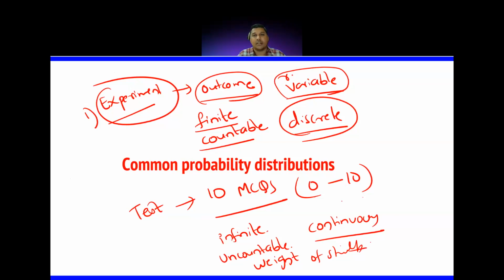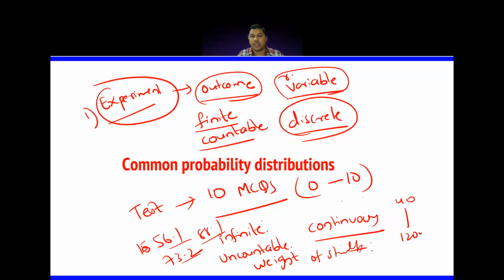In this case, weight is not finite. Weight can be anything. Maybe it is from 40 to 120, 130, we do not know. And in that we have so many, somebody is 50, 56.1, 73.2, 88.1. We have n number of values. We cannot count how many values are there. So the experiments which give such outcomes, and if such outcomes are stored in a random variable, we call that random variable a continuous random variable.